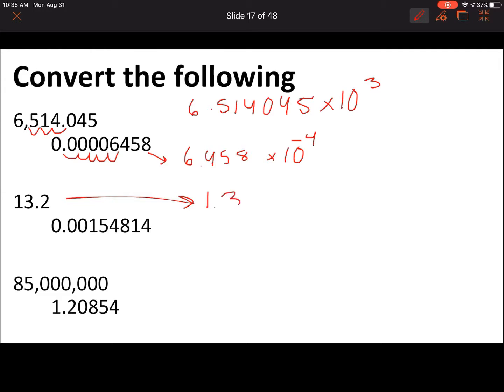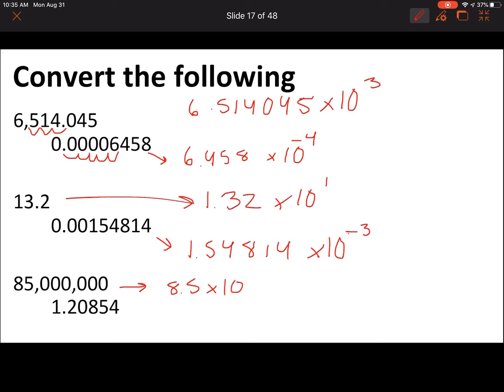So this one should end up being 1.32 times 10 to the 1. This should be 1.54814 times 10 to the -3. This one we got 8.5 times 10 to the 7.